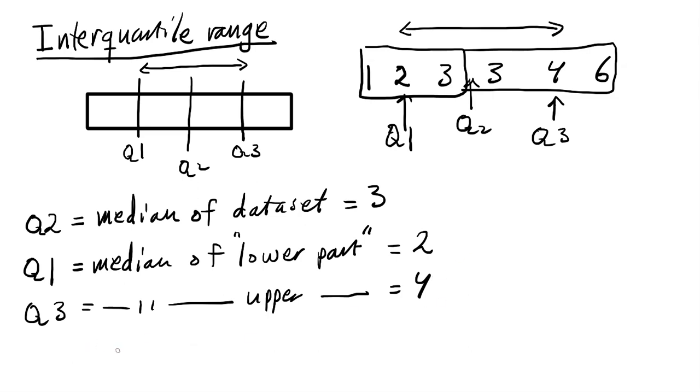The interquartile range is Q3 minus Q1. So that is 4 minus 3 in our example, 1. So the distance between these is 1. So 50% lies here with a difference in value of 1. So that's a measure of spread, or dispersion, using the interquartile range.